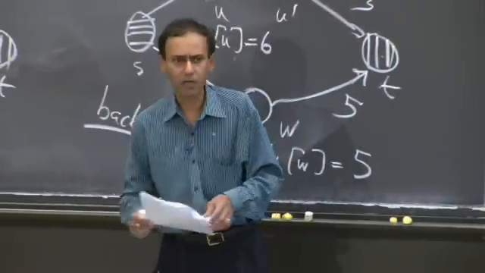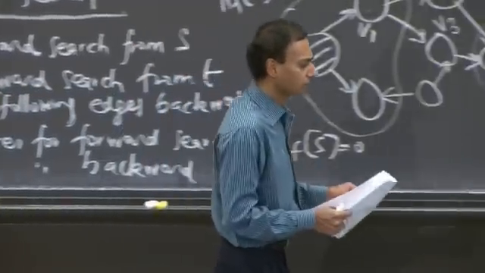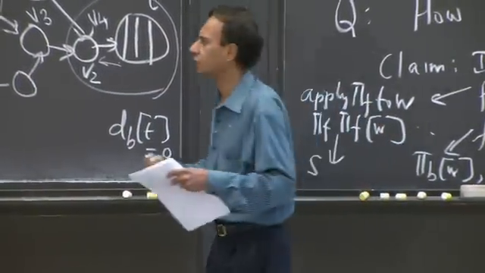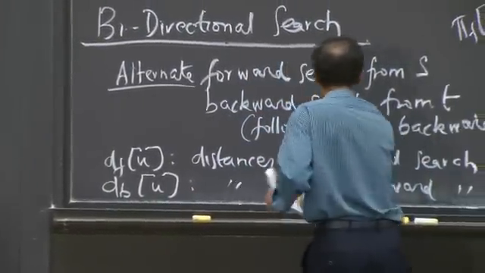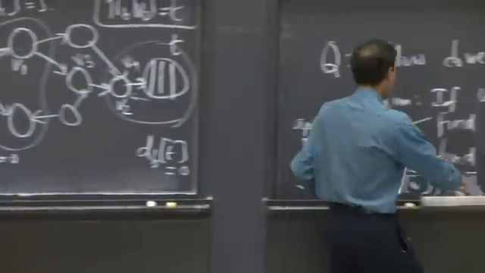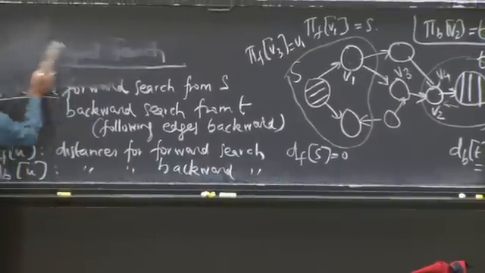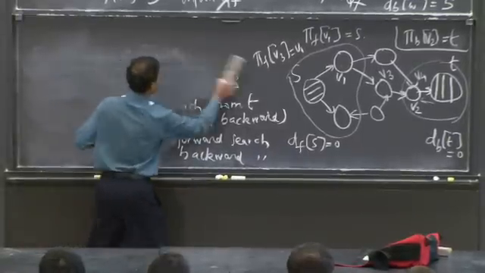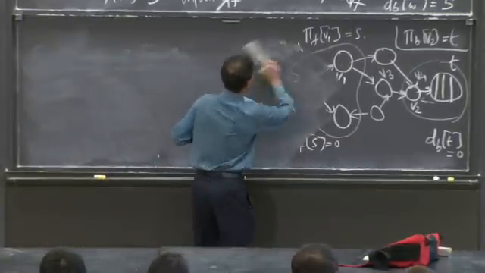Let me talk a little bit about heuristics that people use to modify the graph so things run faster in practice. In particular, you can think about goal-directed search, or A star, if you've taken 6034, and there's some commonality between what I'm going to talk about here and that material.